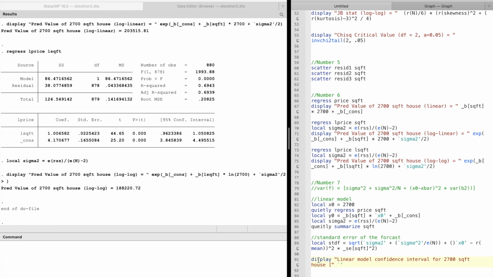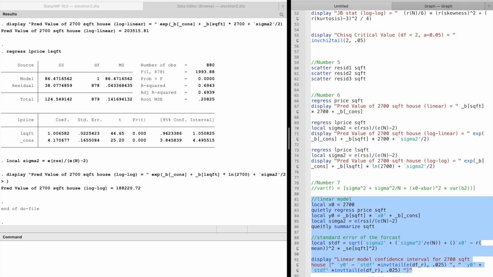And we have y naught, because why not, minus our standard error of our forecast times the critical t value, invttail of degrees of freedom from the regression. That's 0.25. Since we have a 95% confidence interval, we want 2.5% on each side. And then the upper bound is just going to be the same thing with a plus. And then put the closing bracket in there.